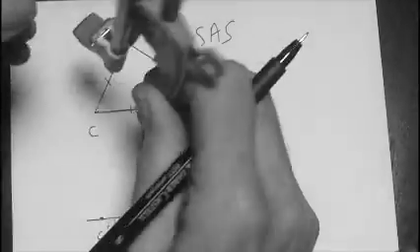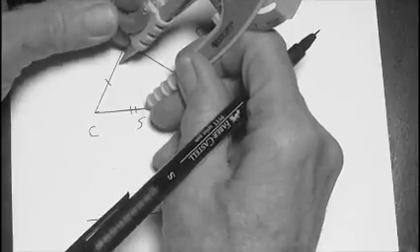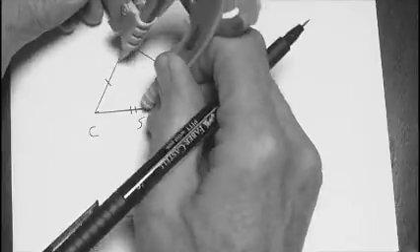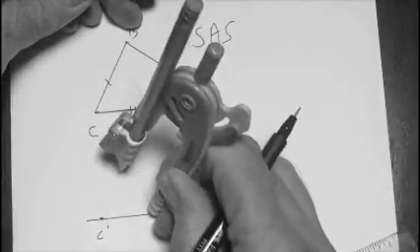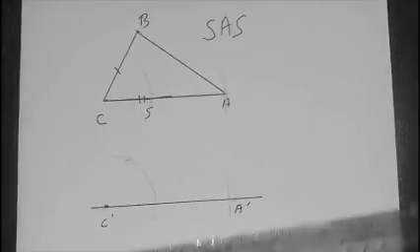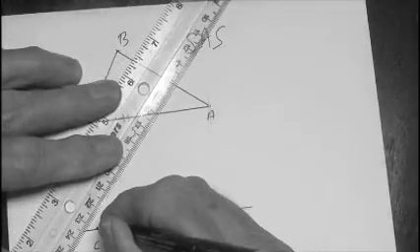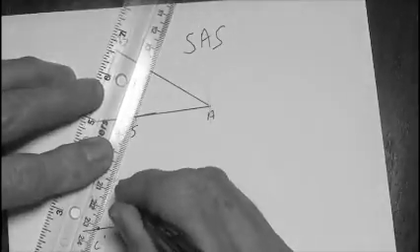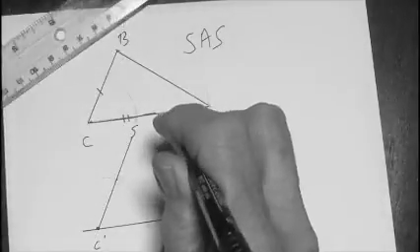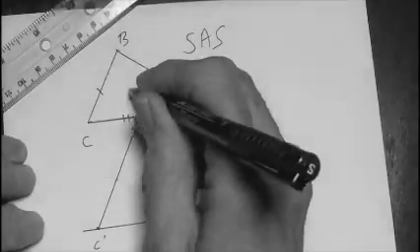That's the same arc as that one, and if I measure the distance across here and copy the length of the arc here, then the angle that runs up through this arc should match. From here through here. About like that. There we go. Alrighty. So I have now a copy of this side and a copy of this angle.